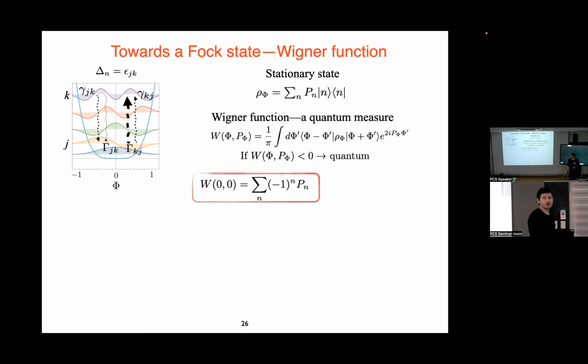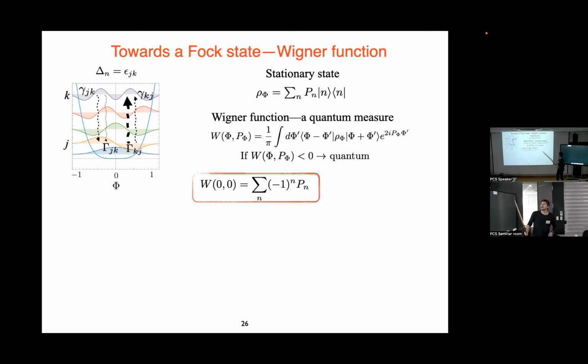So now let's look at the opposite effect where, for example, gamma, here I put epsilon jk, more general, where the upper rate is much larger than the lower rate. And in particular, if this is delta n equal epsilon 1, 0.